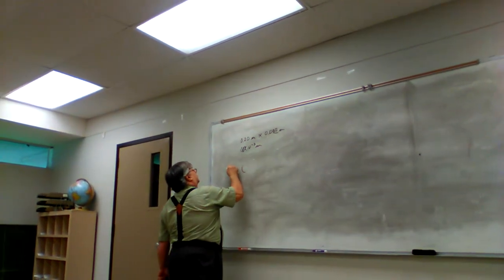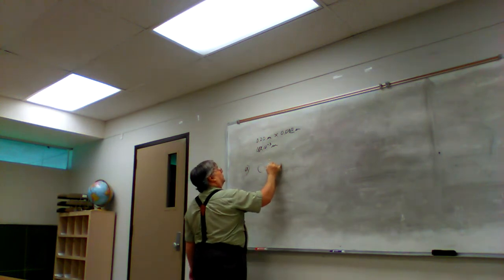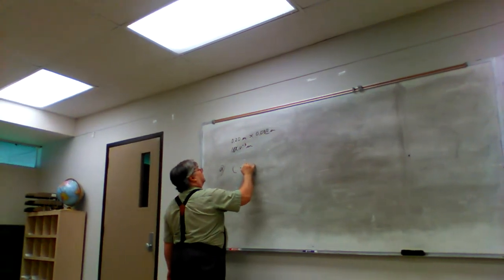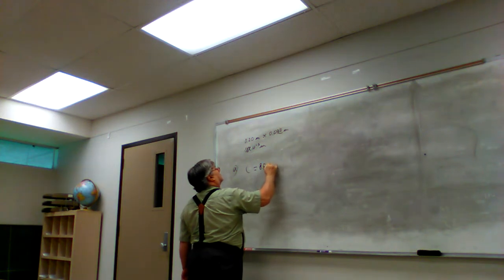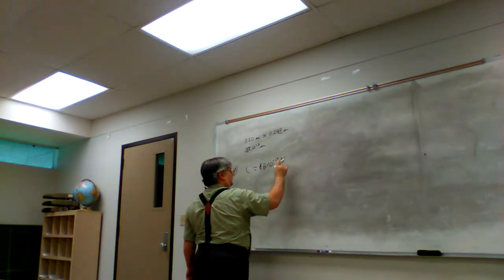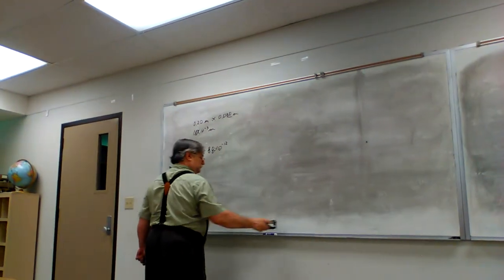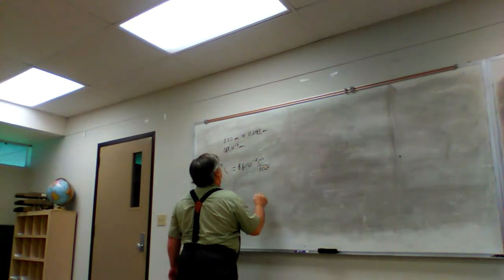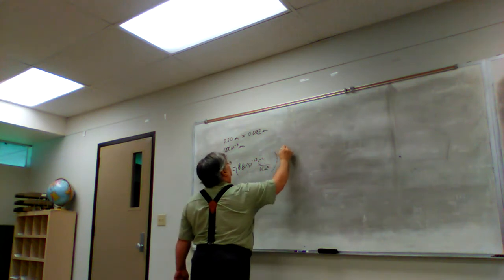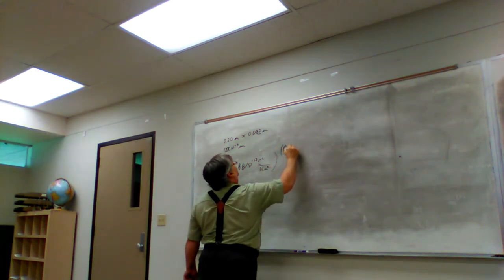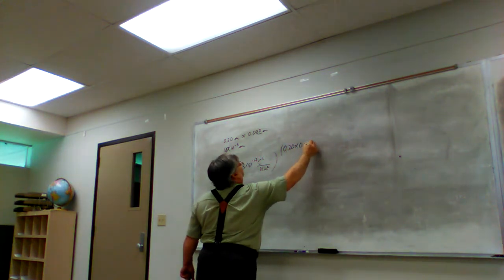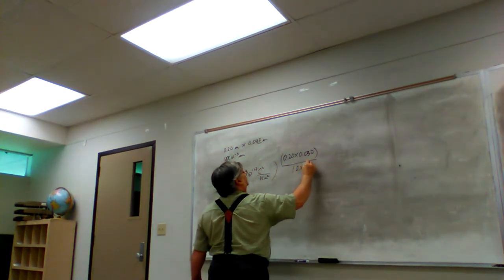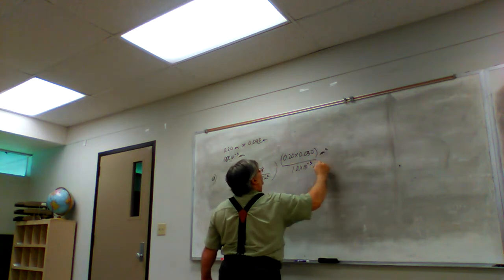So, we want to know the capacitance. And that's going to be equal to epsilon sub naught times the area, which is 0.20 times 0.030, divided by the distance, 1.0 times 10 to the minus 3 meters.